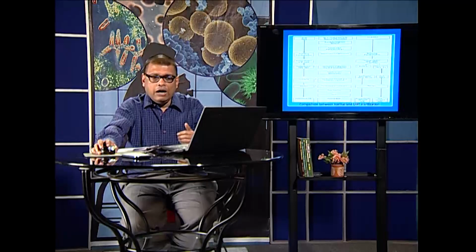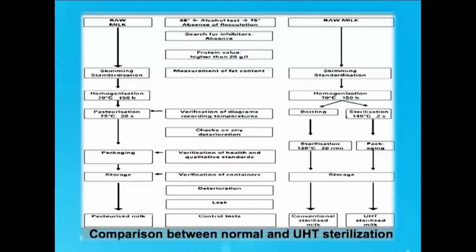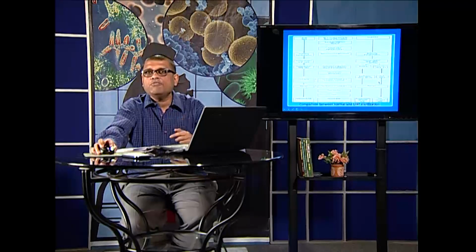There is another method which is called ultra high temperature sterilization. What is the phenomenon? In this particular process, the milk is heated to 140 degrees centigrade for 2 seconds and it is immediately packaged, and there is no contaminating bacteria. In the US, this type of method was followed. Instead of 65 to 70 degrees centigrade, they use double the temperature and reduce the duration of boiling.